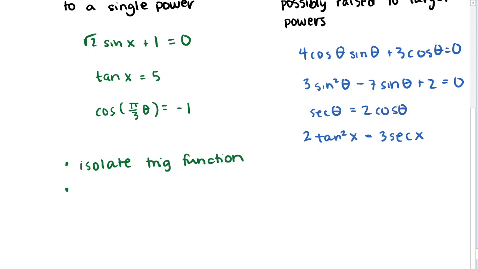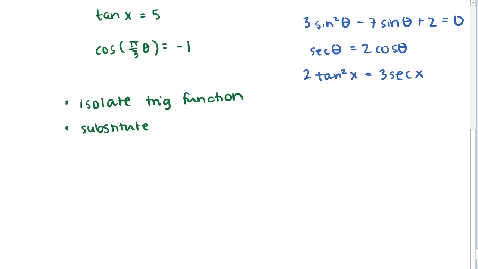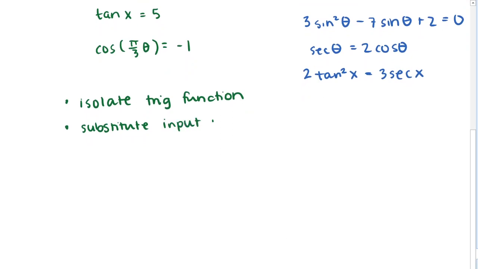And then if there's a coefficient to that input, we want to substitute out that input to our trigonometric function, make it less complicated just for a moment to find solutions to a much more simple equation. So substitute away the input if necessary. The substitution we made in the last example was we replaced that input with the variable u just for a moment. This is what I mean by substitute.